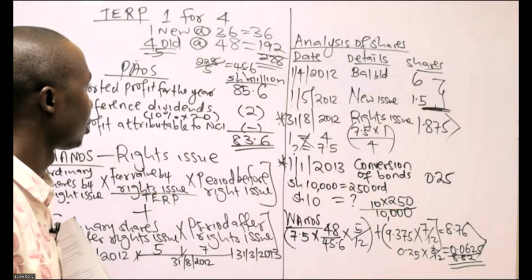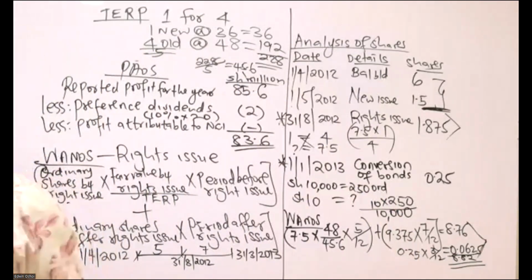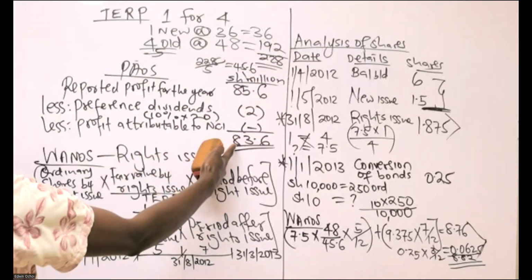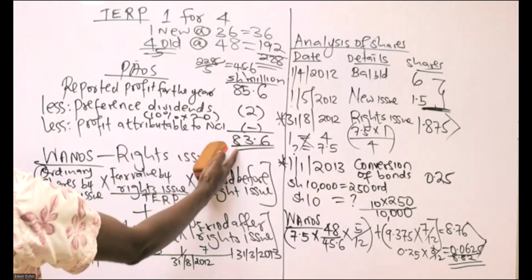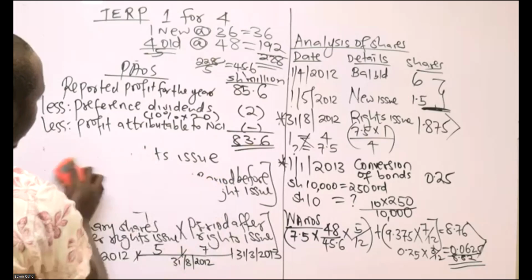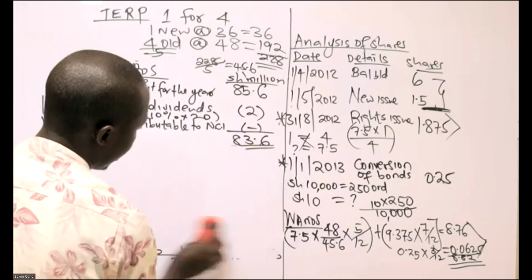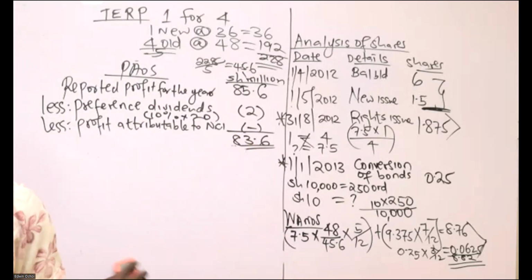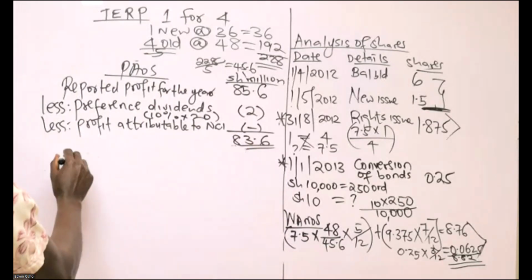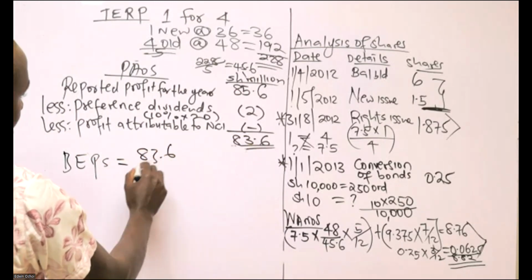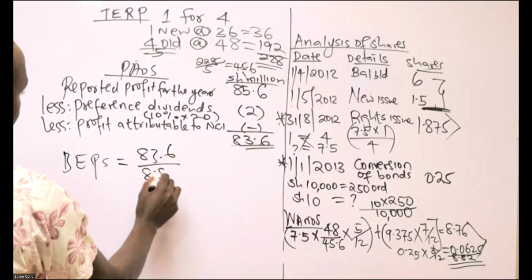So getting the basic earnings per share is very easy because we have the relevant numbers. So what I'm supposed to do is take my earnings and divide with the weighted average shares, and I will be done with the basic earnings per share. So the basic earnings per share would be 83.6 divided by 8.82.